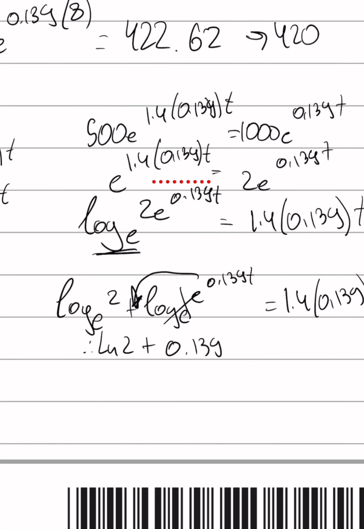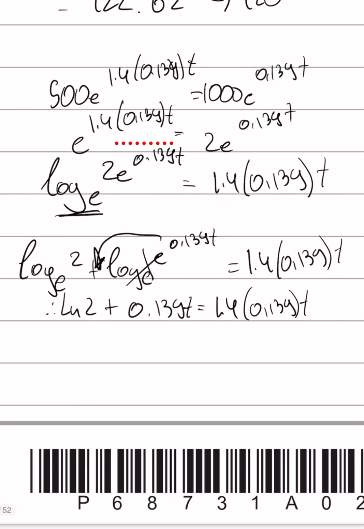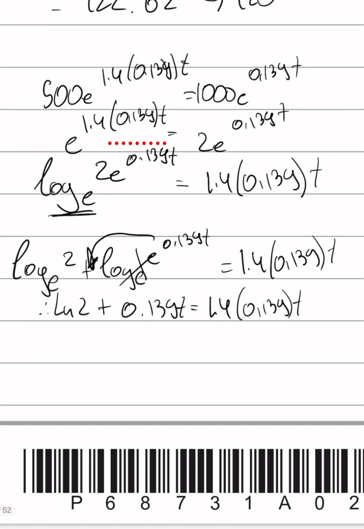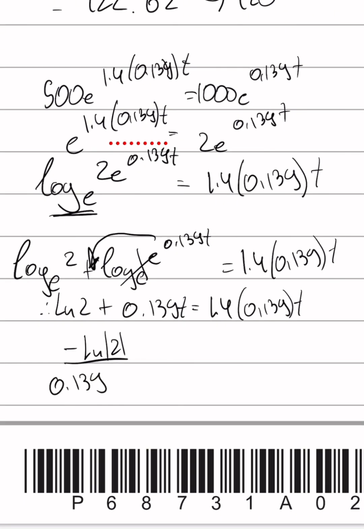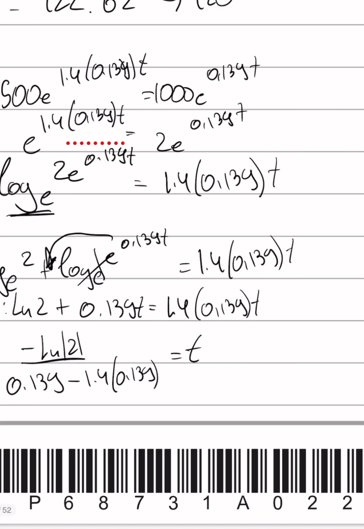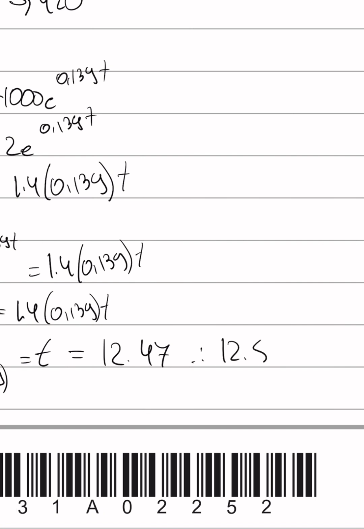Therefore, we're only left with this. Then by rearranging, we can find t, which would be minus ln 2 divided by this, which gives t, which in this case would be 12.47, which is 12.5 hours.